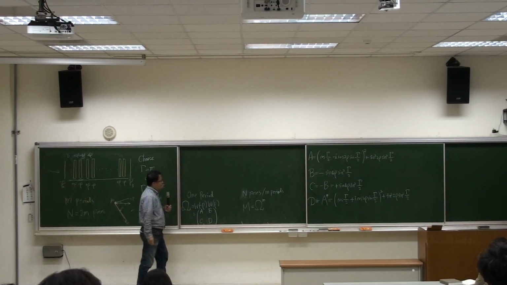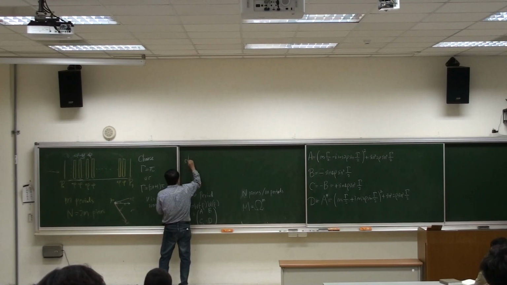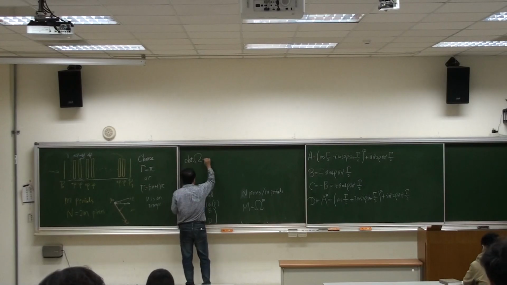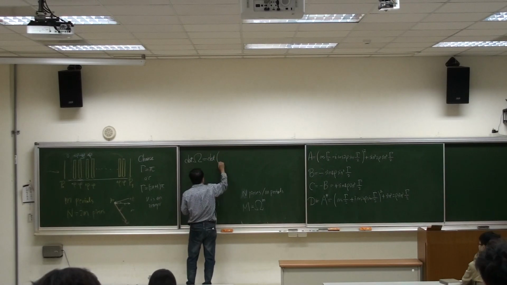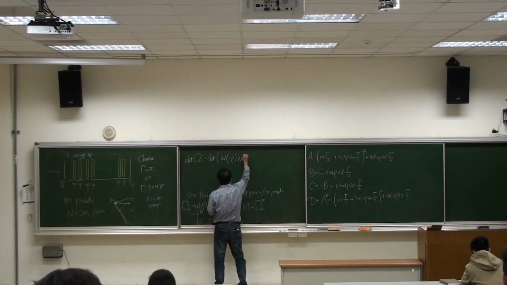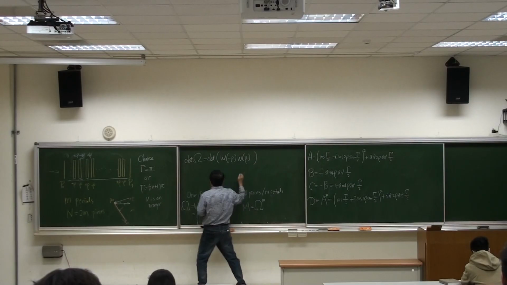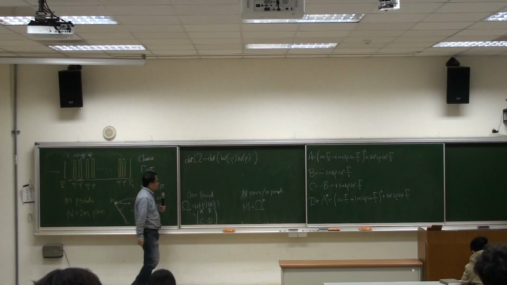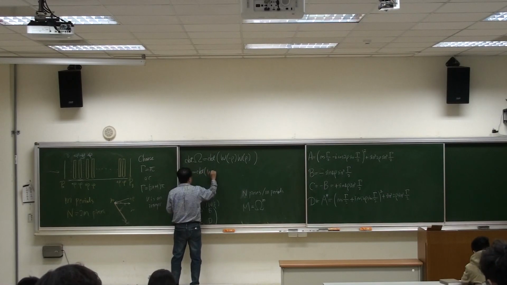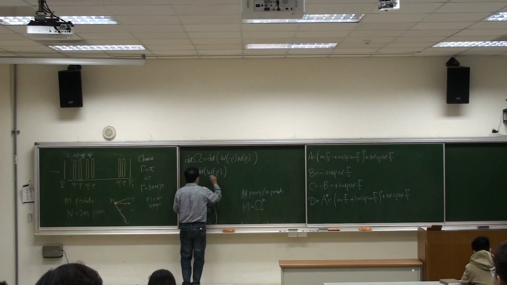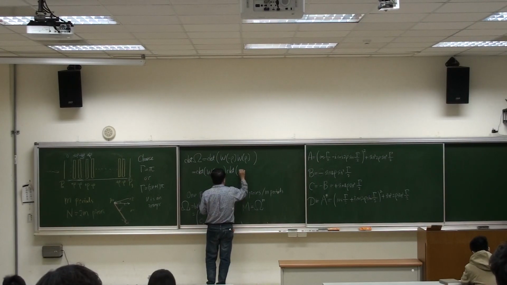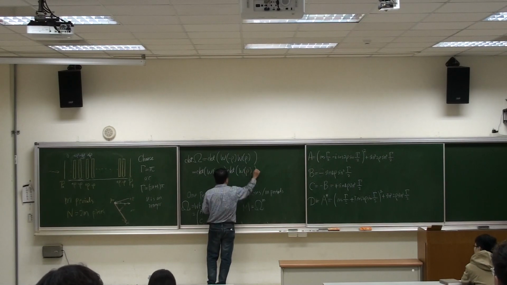First, we know that the determinant of omega is the determinant of W minus rho times W rho. And according to linear algebra, you know that the determinant can be factored as determinant W minus rho and the determinant W rho.